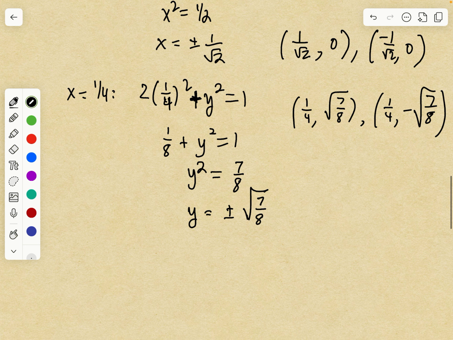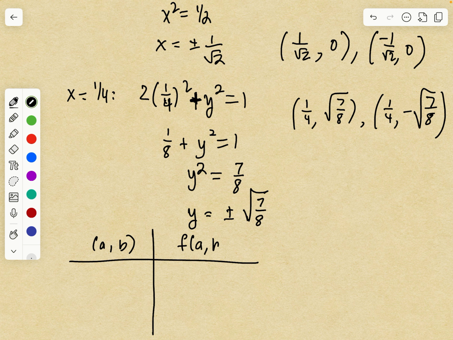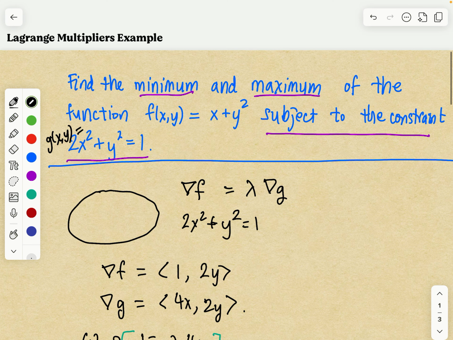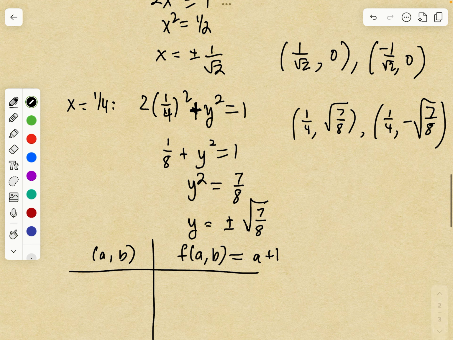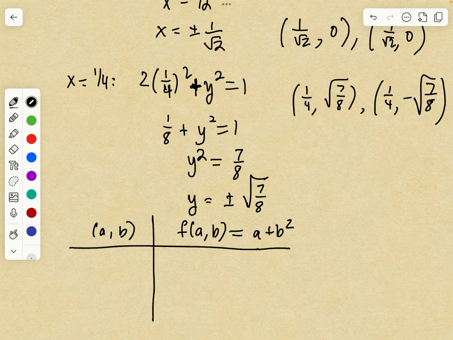So we have these 4 points. Why don't we just make a table just to keep things organized? So let's make a table for A, B, and then f of AB. So f of AB is A plus B squared. You can also use XY instead of AB.